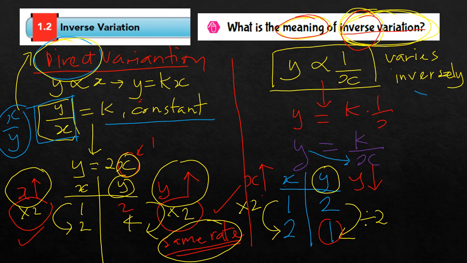If this one times 2, this one divided by 2. It cannot be this one times 2 and this one divided by 3. That is not the same rate. Okay, so can you get now what is inverse variation? And it is vice versa. When y goes up, x goes down with the same rate. It's either one.